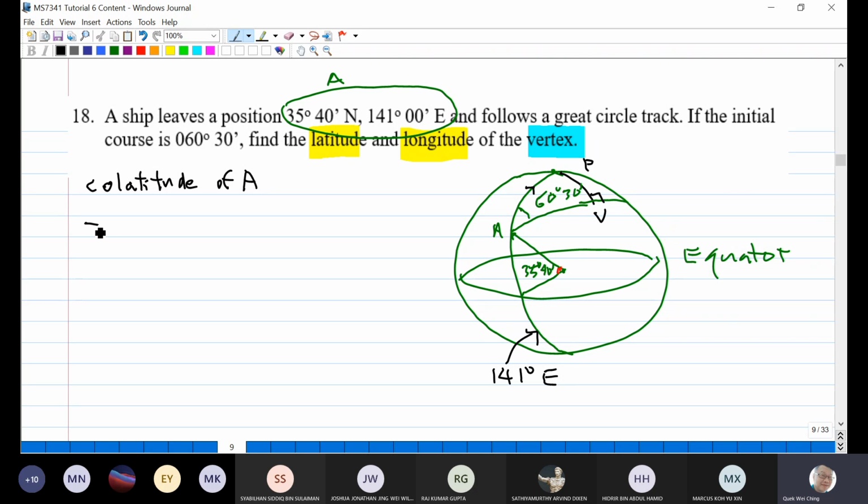It is equal to 90 degrees minus 35 degrees 40 minutes, which is 54 degrees 20 minutes.